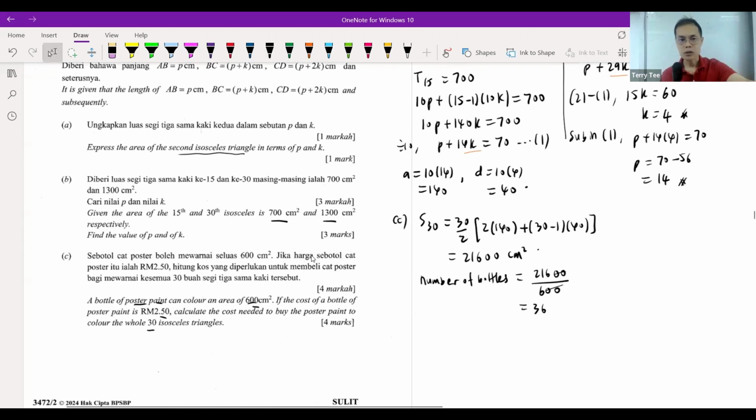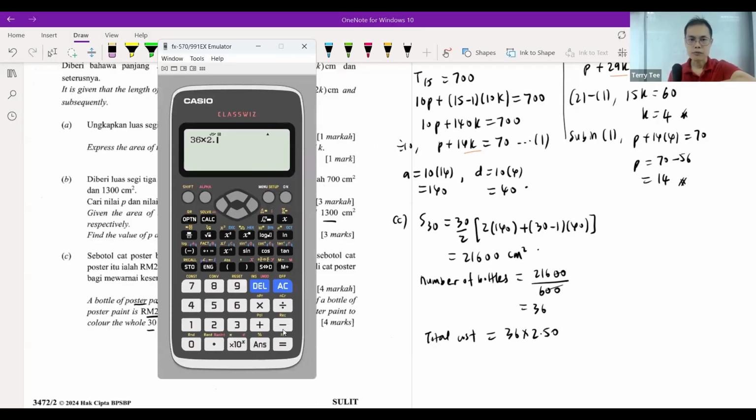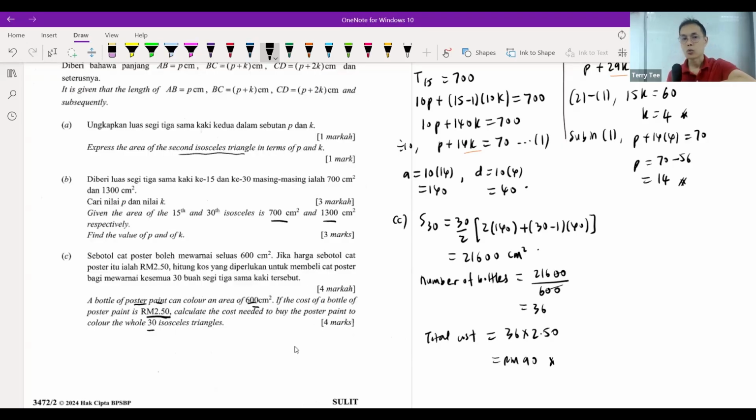But the cost of one bottle is 2 ringgit and 50 cents. So the total cost, you're finding the total cost, right? It will be 36 times 250. Use your calculator. 36 times 250, 90 ringgit to color the poster.